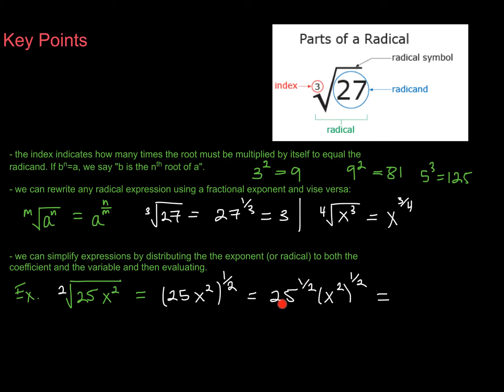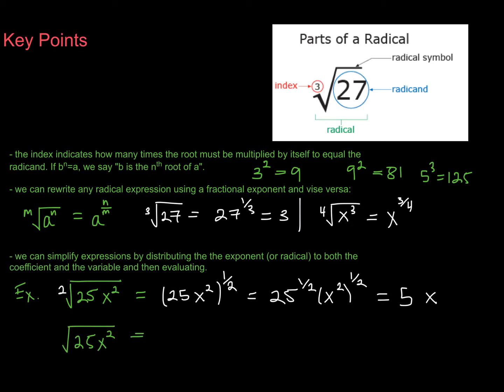And so the square root of 25 is 5. And here we have x squared to the 1/2. And if you recall, when I take a power and I raise it to another power, I am just multiplying the two powers together, and I will end up with x to the 2 times 1/2, or just x to the 1.